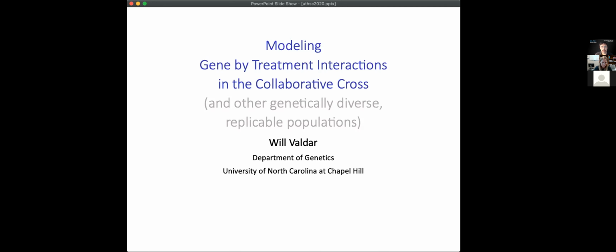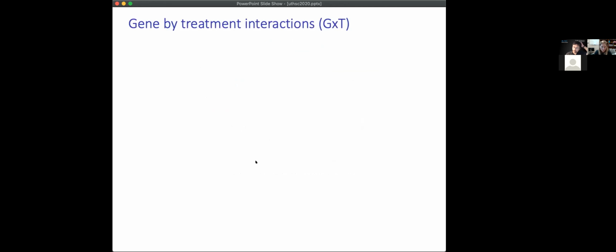So I'm going to talk about modeling gene by treatment interactions in the collaborative cross and other genetically diverse replicable populations. First of all, I'm going to define what I mean by gene by treatment interactions, and I mean it very broadly. By gene, I mean either an actual gene or a genomic region or a genome.